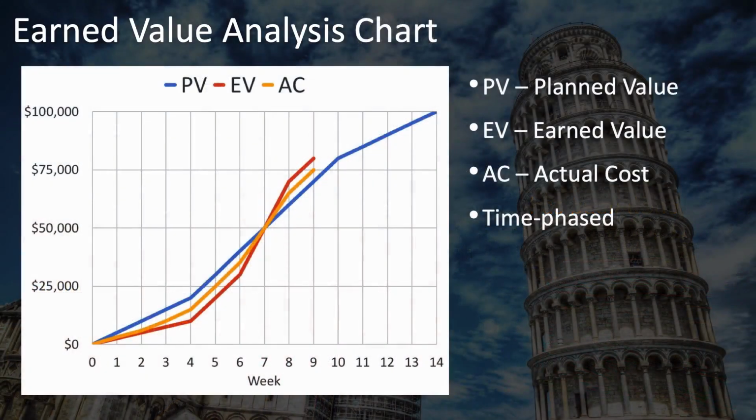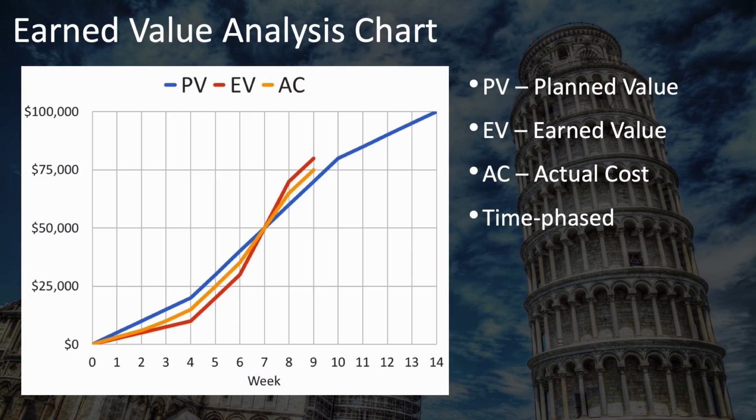Planned value, earned value, and actual cost are often graphed on an earned value analysis chart, such as this one, which is a time-phased graph that shows the planned value, earned value, and actual cost lines. Here you can see that it's in a typical S-curve, which is typical for a project. The blue line is the planned value.